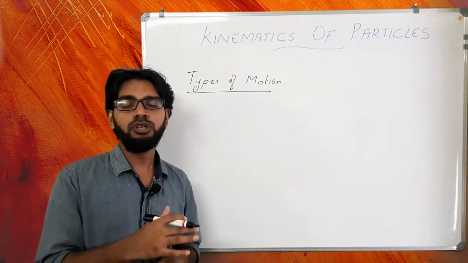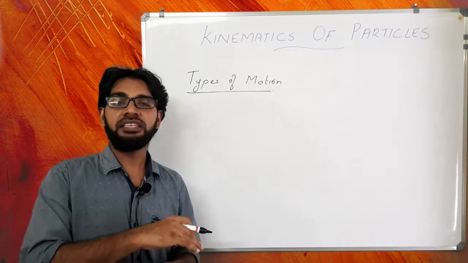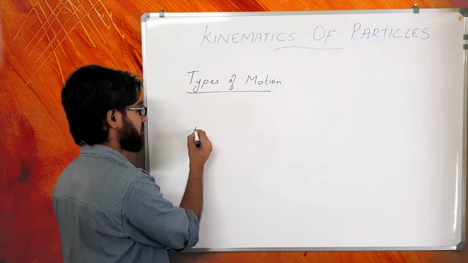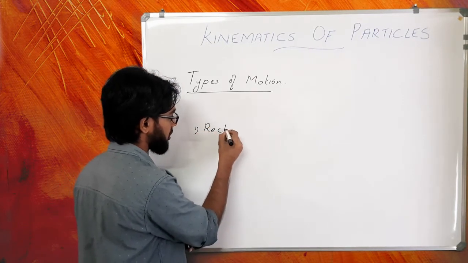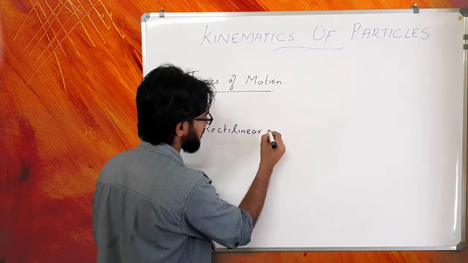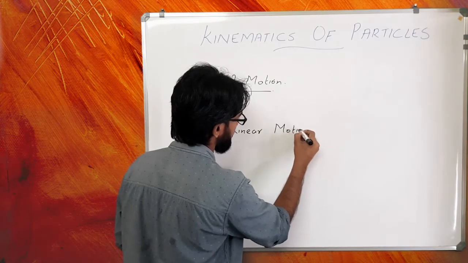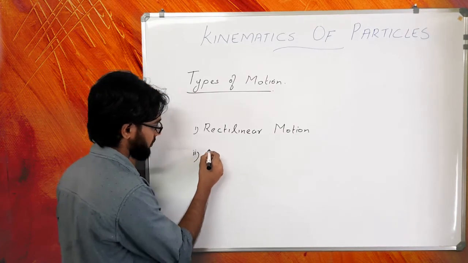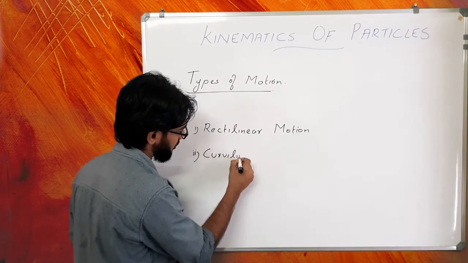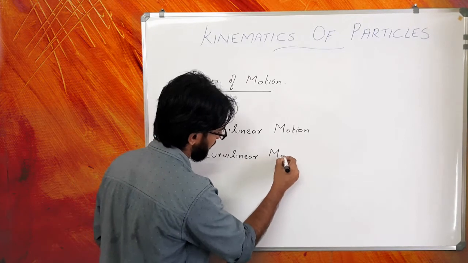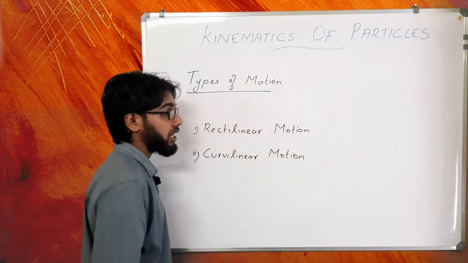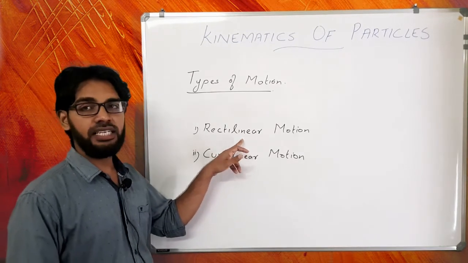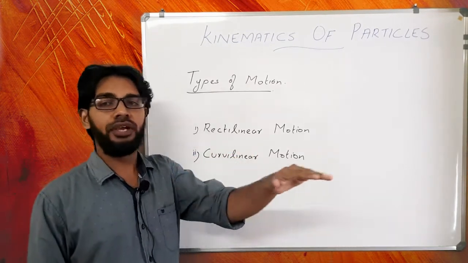Generally speaking, motion of particles is classified based on the path described by the particle as first rectilinear motion, the second curvilinear motion. Now, rectilinear motion indicates that the particle is moving along a straight line.